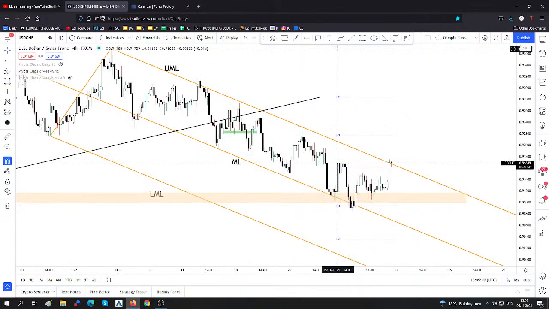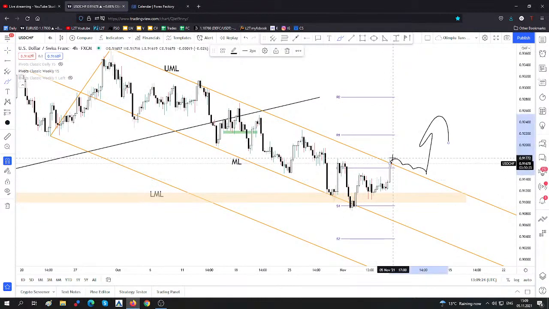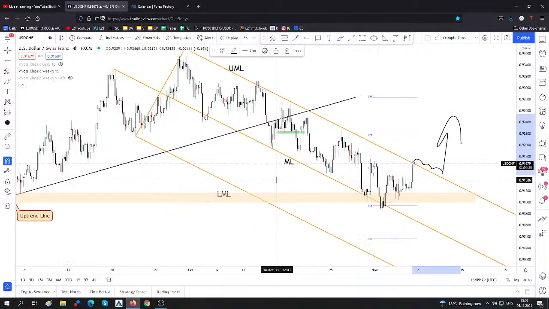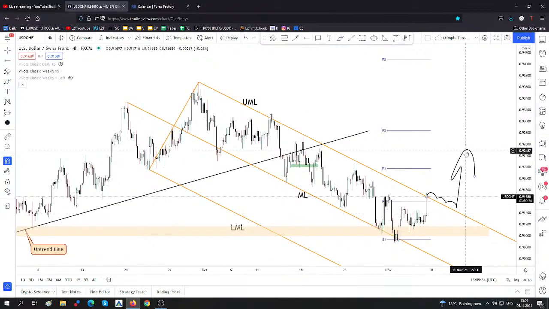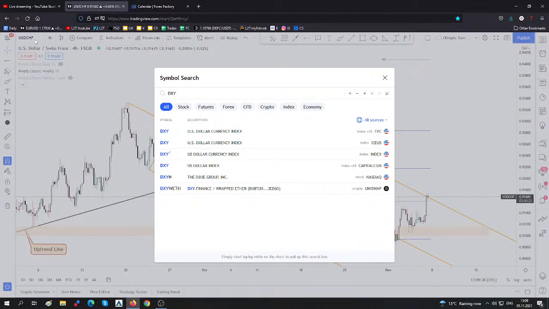And personally I will look for longs here if the price will close and stabilize above the upper medium line to retest it. Then I will maybe look for longs here in US dollar versus the Swiss franc. And also if the dollar index will resume its growth, let's take a look again.